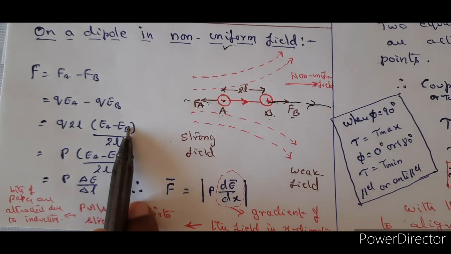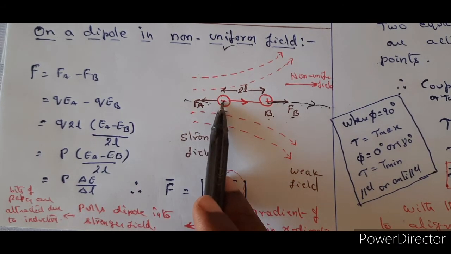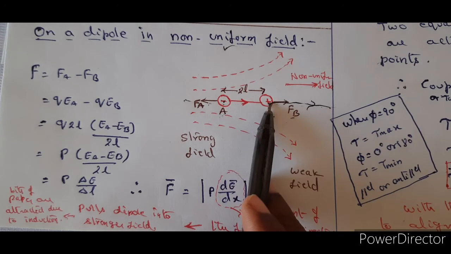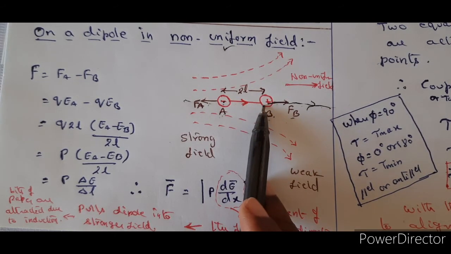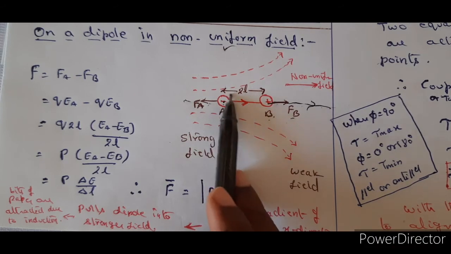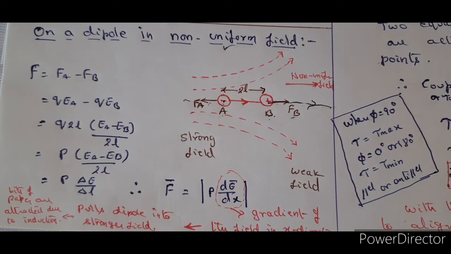And for our convenience, how is it changing? It is changing along the length of the dipole. So you have to measure the change per unit length: the change in electric field strength per unit length of the dipole.